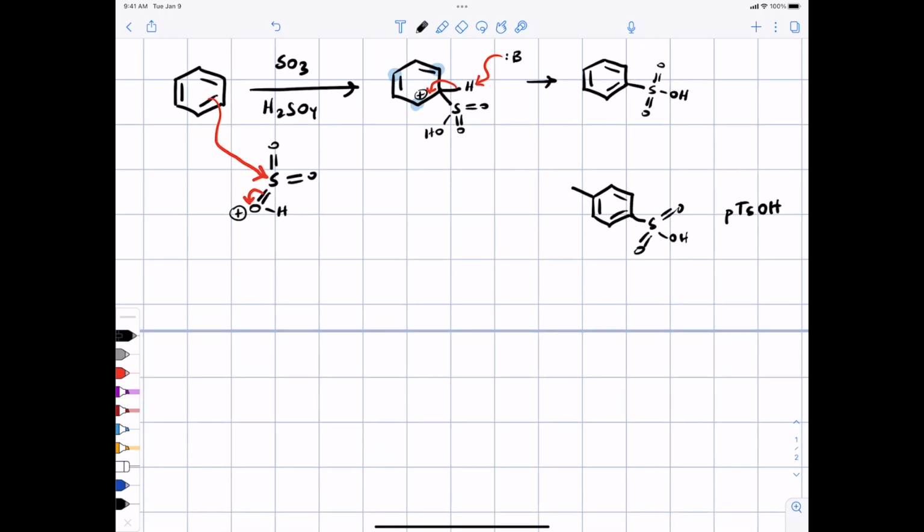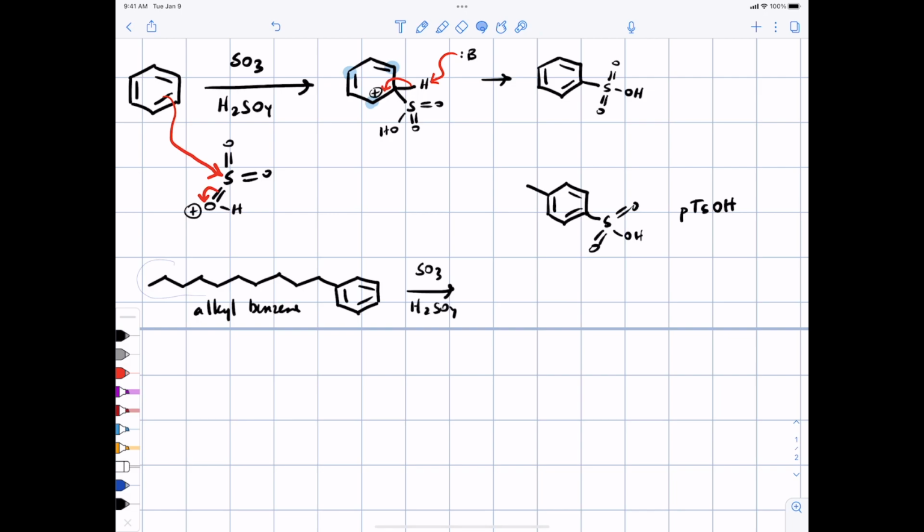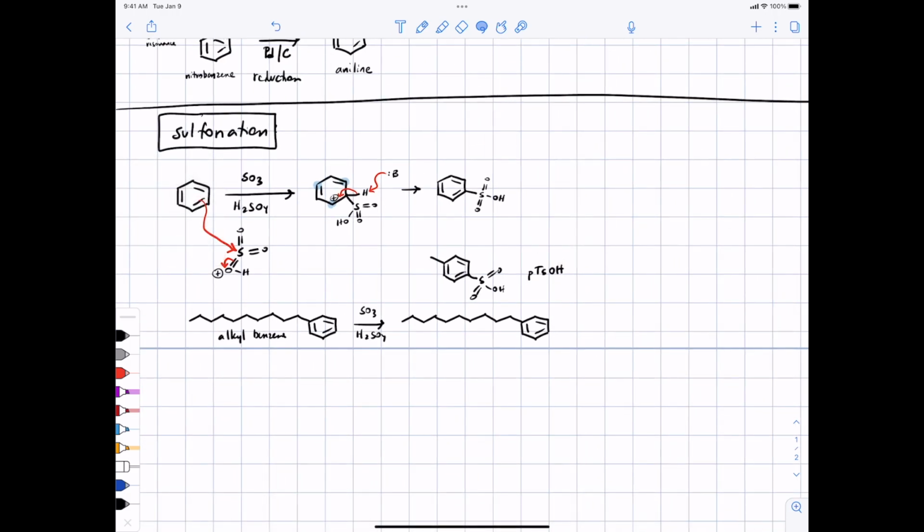For example, one of the methods for making soap is to take a really long chain alkyl benzene and then sulfonate it using this. Now, I'm going to show you something that isn't going to make sense until we come back and talk about regioselectivity later.